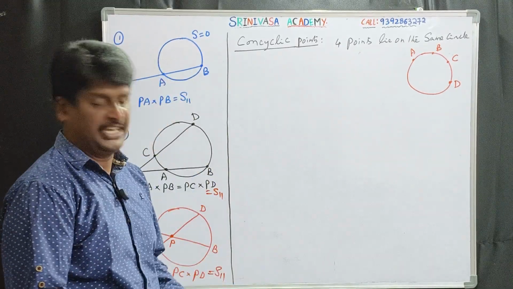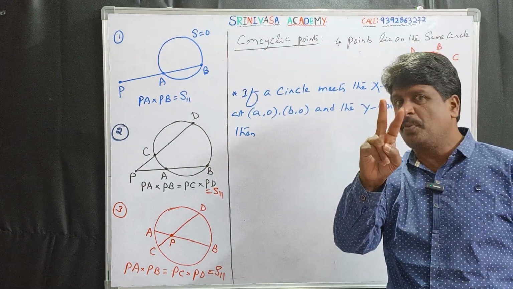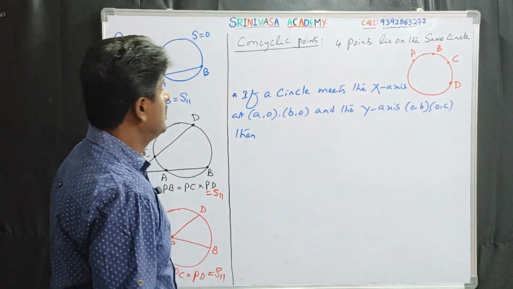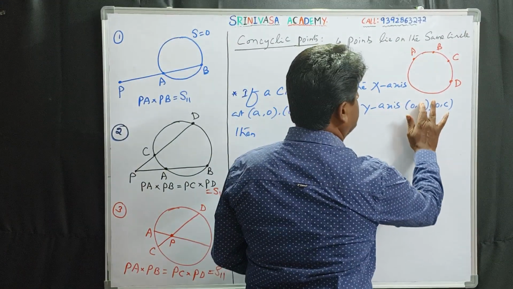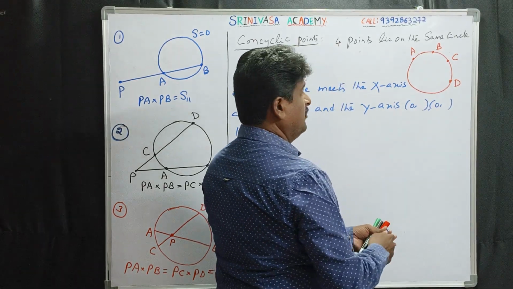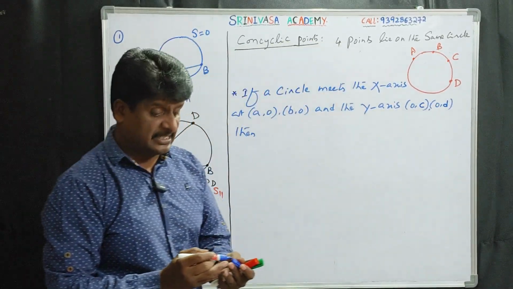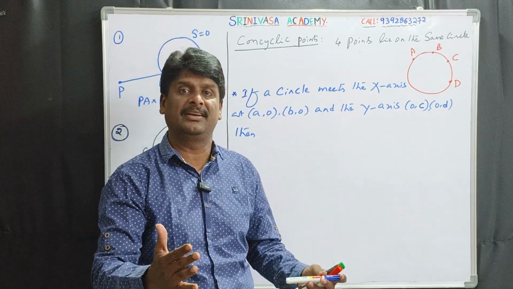Okay, let us see. If a circle meets the x-axis at 2 points, small a comma 0, small b comma 0, and the circle meets the y-axis in 2 distinct points, let them be, whichever you like, 0 comma c, 0 comma d. Then what will be happening?